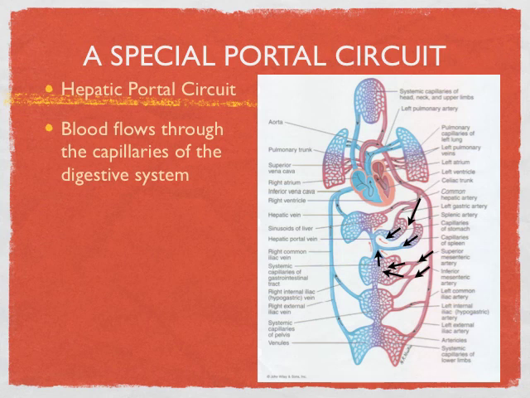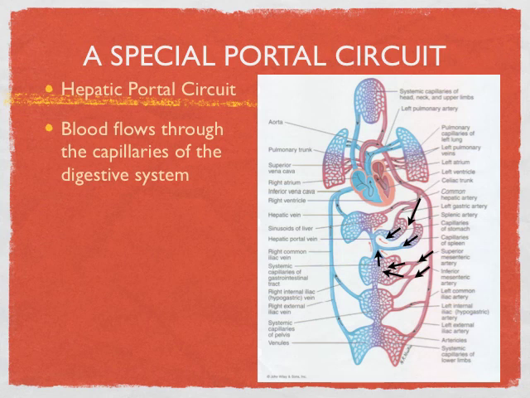And in each case, oxygen is being removed from the blood and given to the tissues. That blood is picking up carbon dioxide. And that blood is also picking up nutrients that are coming through. So this isn't a delivery of nutrients here. This is a pickup of nutrients.